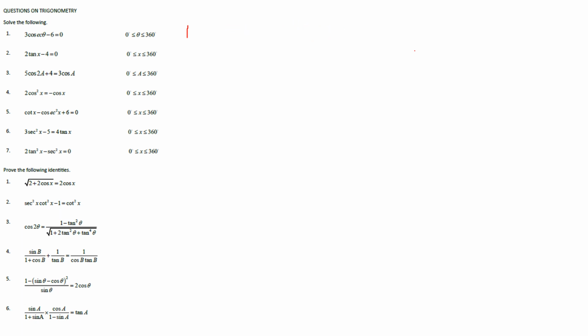Okay, so we have 3 cosec theta minus 6 is equivalent to 0. Normally the advice that I will give you is that if ever you have cosec, sec, or cot, just make sure you convert them to your normal trig functions, because on your calculator we only have cos, sine, and tangent.